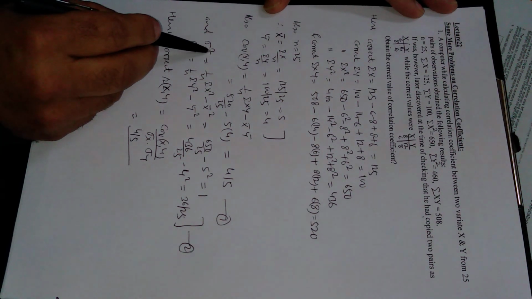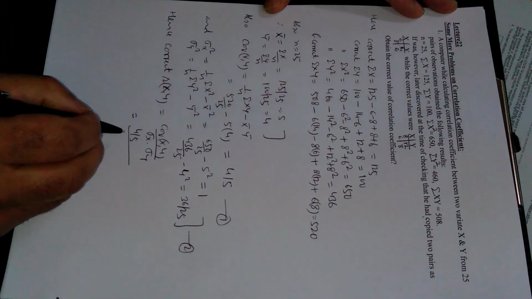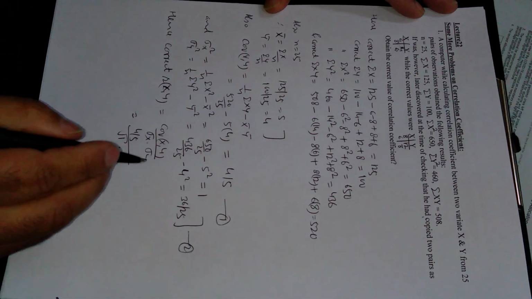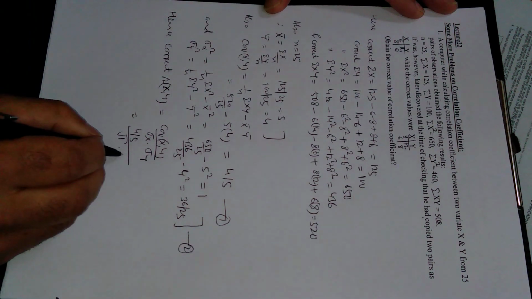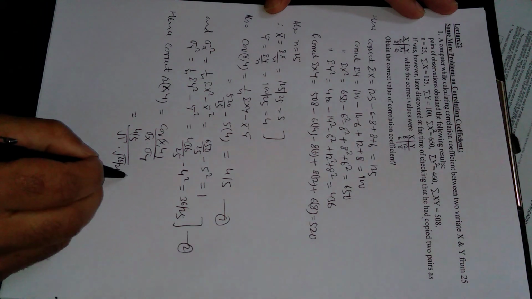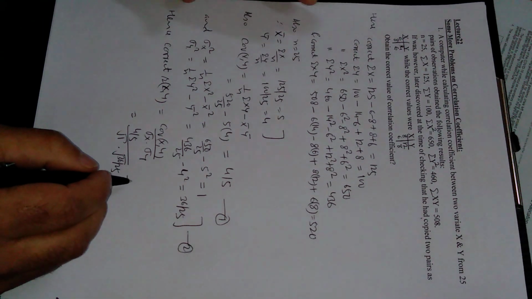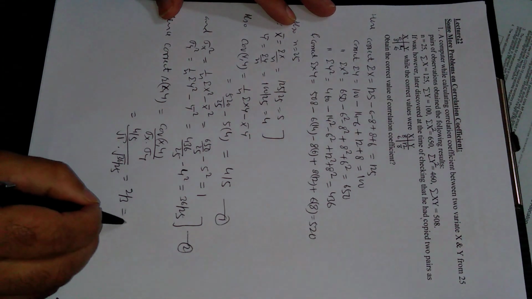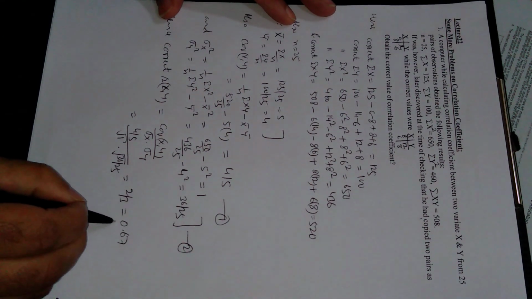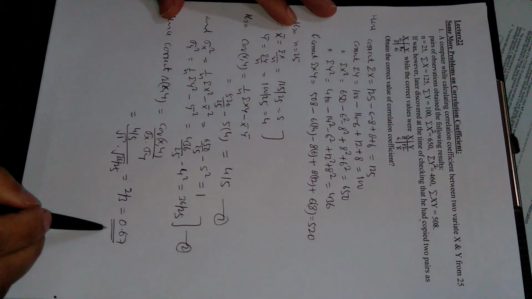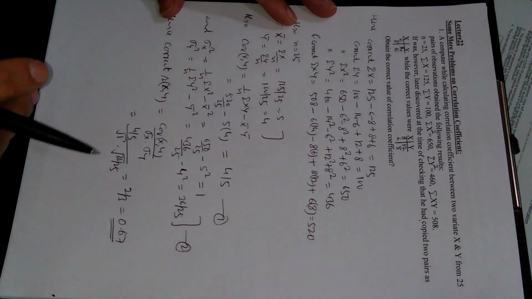This is variance with respect to x, so standard deviation from here will be square root of 1. Similarly, this is variance with respect to y, so standard deviation of this will be square root of 36 upon 25, which on simplification will come out to be 6 upon 5. So the correlation coefficient is 2 upon 3, which is further equal to 0.67. So this is what we wanted to find, the correct value of the correlation coefficient.